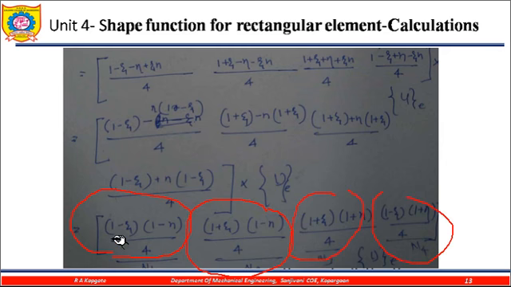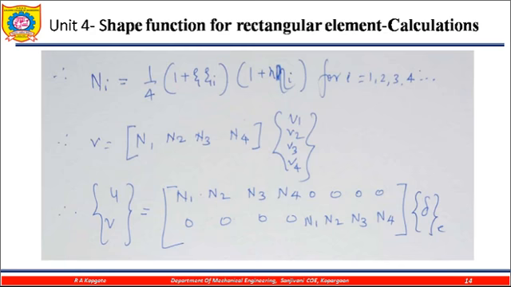Here the signs are minus minus, then plus, then plus plus, and then minus. So this is the shape function for the rectangle.